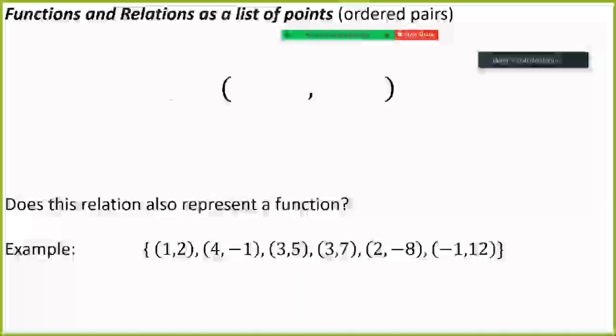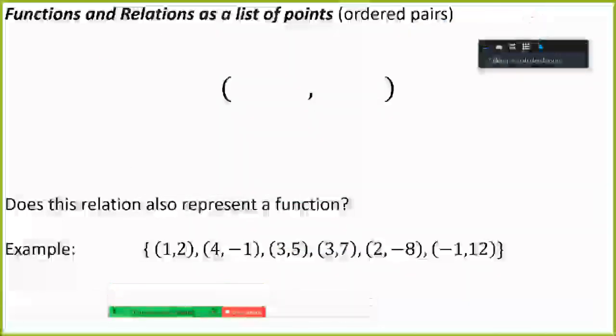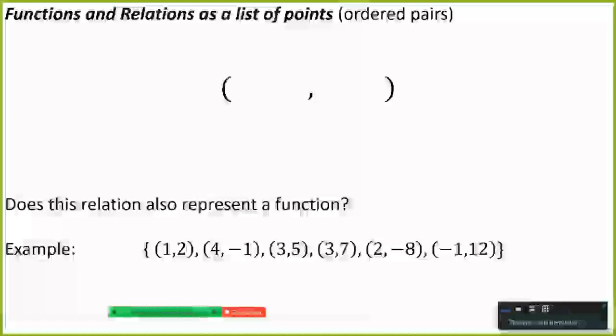Okay, actually, right before we get to that, start with me at the top. We haven't talked about this yet, but it's really nothing too crazy, I hope. Functions and relations as a list of points, ordered pairs. Just remember that you've probably seen these before, but just in case you haven't, we can write a single input and a single output as an ordered pair.